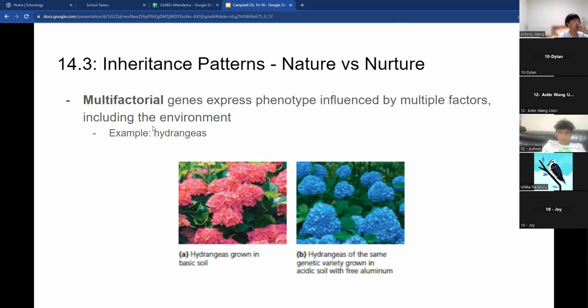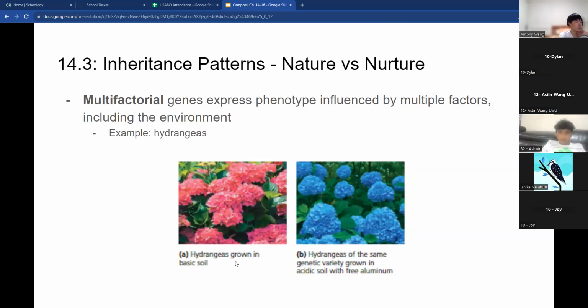So in this case, for example, hydrangeas have a specific gene coding for flower color, but depending on what kind of environment they're grown in, they can develop very radically different flower colors. If a hydrangea is grown in very acidic soil with lots of free aluminum, then the flowers will be blue.